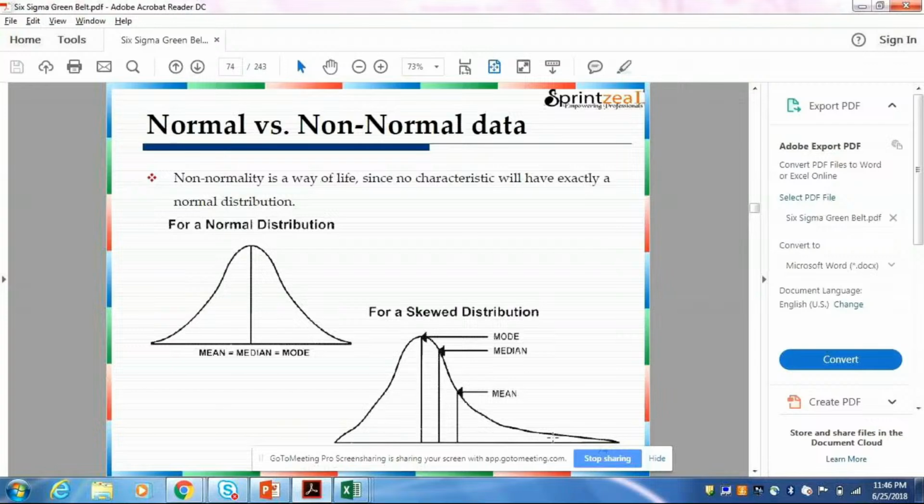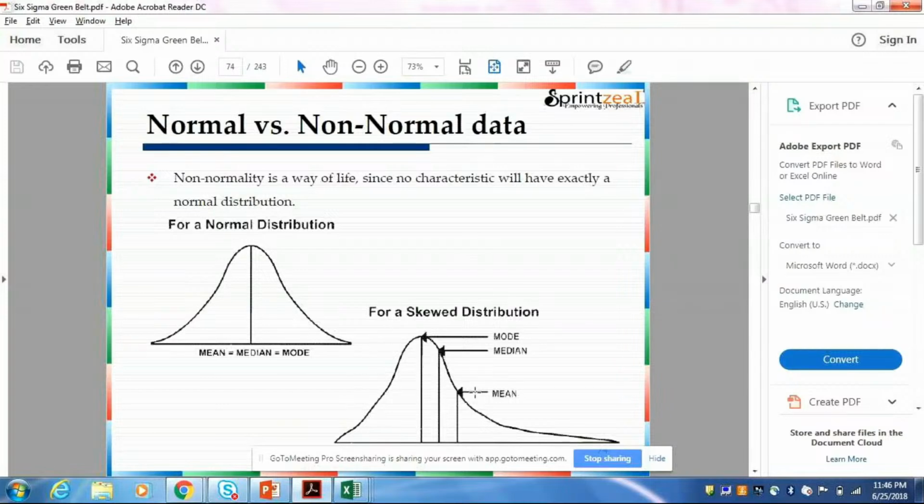Sorry, my mistake, the tail is longer here, so there are a lot of data points reflected here. So the mean has shifted towards this side because there are more data points here. The median is here. They would be different. Wherever there are more data points, the mean will shift towards that side.